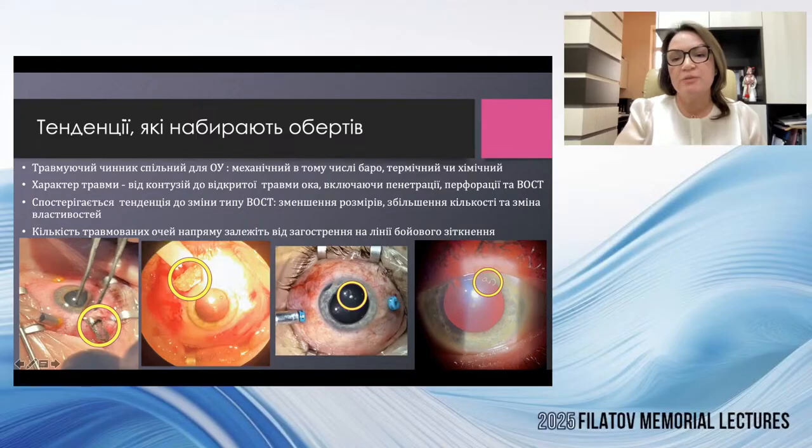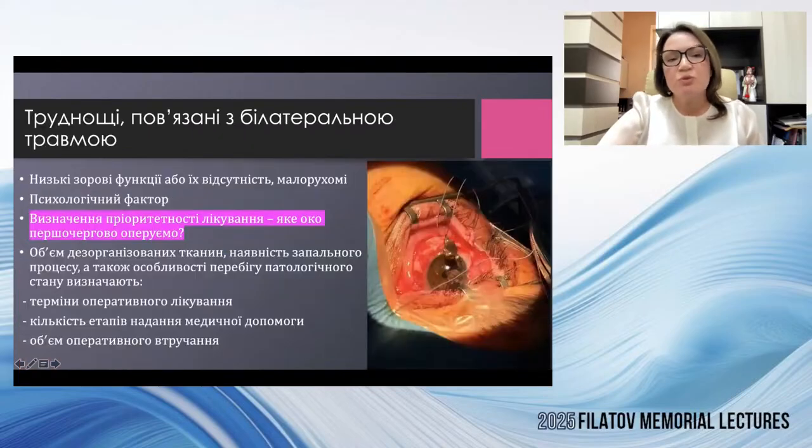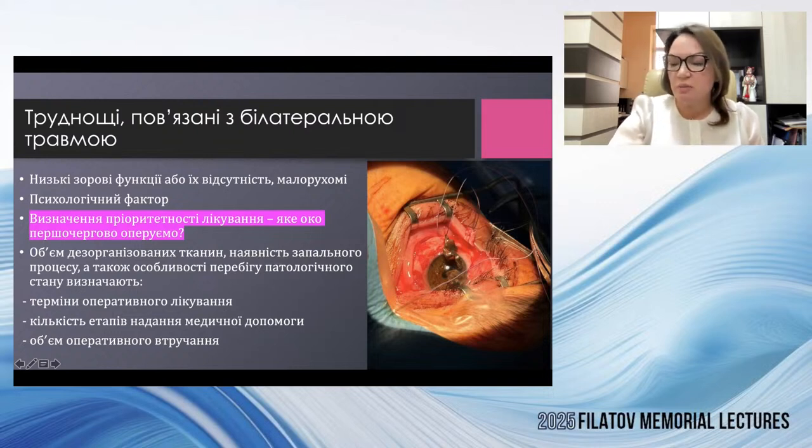The number of damaged eyes is fully associated with the intensity of combat in a particular area. The obstacles are loss of visual acuity or complete loss of visual acuity, and the psychological factor is also meaningful here. The first issue they have when they come, they ask which eye are you going to operate?